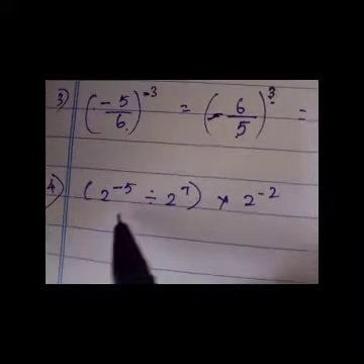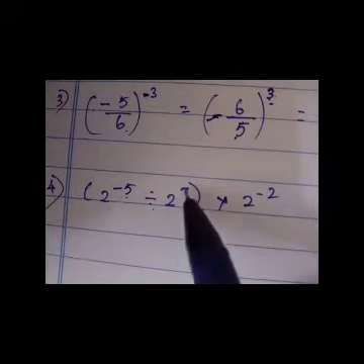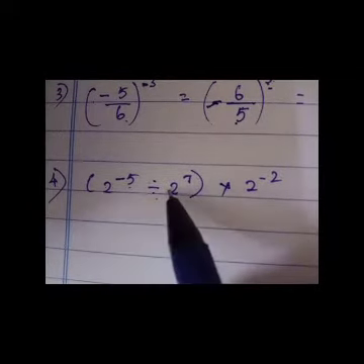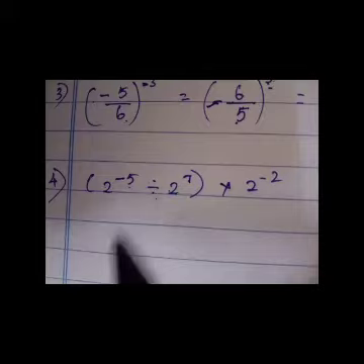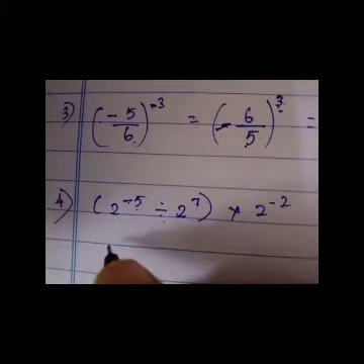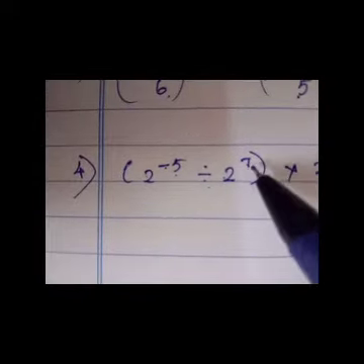So if you see here, 2 power minus 5 divided by 2 power 7 is in the quotient rule. Yes or no? The bases are same. Only the powers are different.